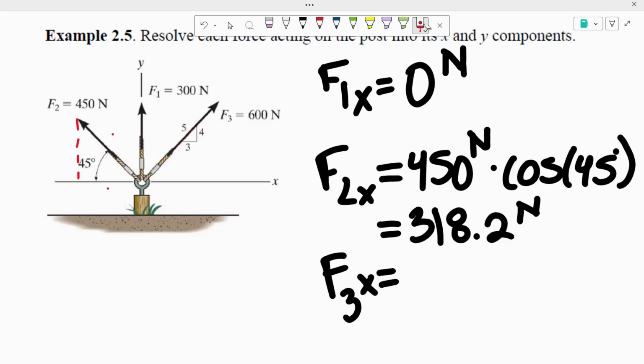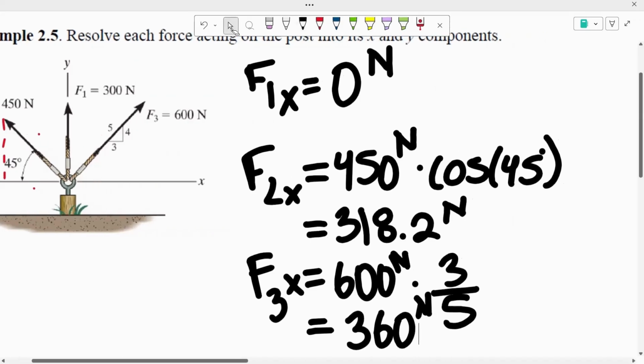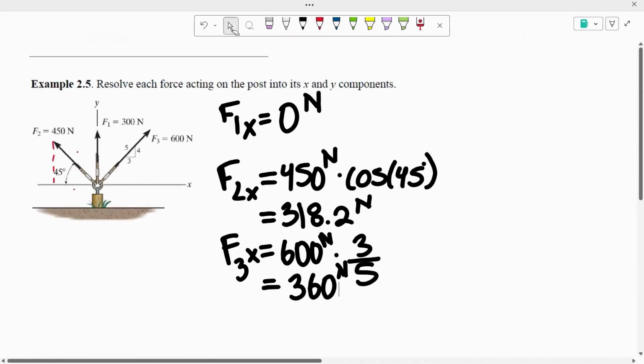So we're going to write 600 newtons times 3 over 5, and then input that into our calculator. That should give us 360 newtons.